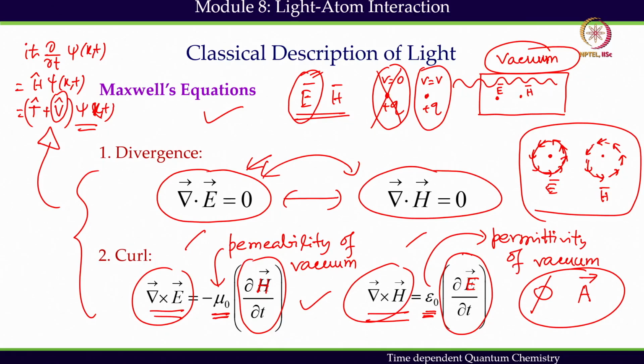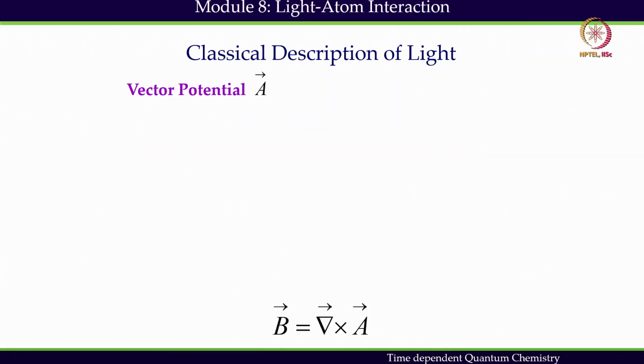That's why the field formulation needs to be converted to potential formulation to get the right form, which we can include in the time dependent Schrodinger equation. So, we will see how to get that potential formulation of Maxwell's equations.